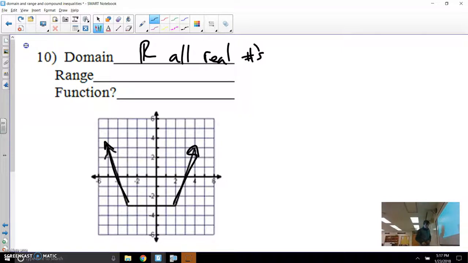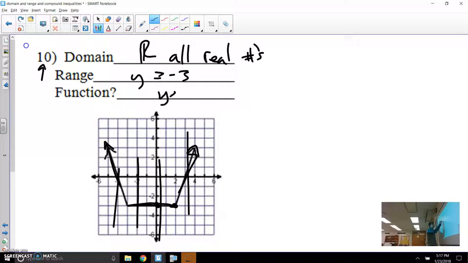Now the range is up and down, and I'm seeing that it goes up forever, but it really does stop at one particular y value, and it never actually hits -6, -5, -4, but it does have -3. So I want to say all of my y values are greater than or equal to -3. And I'm seeing that this would pass the vertical line test. I'm not seeing any x values that repeat, so I'm going to go ahead and say that yes, that is in fact a function.